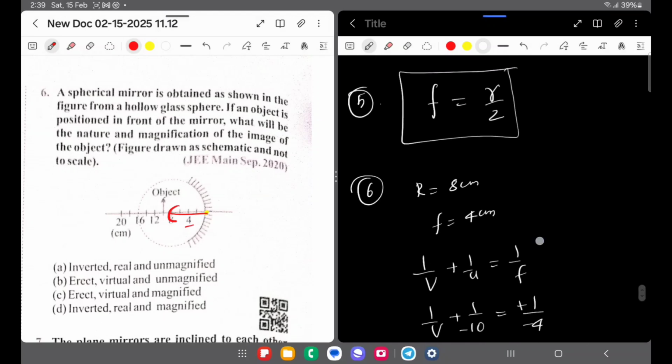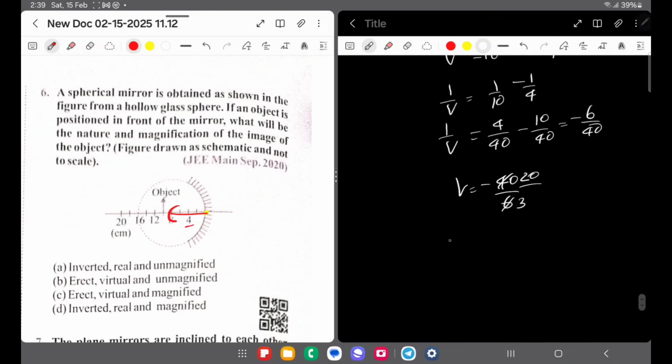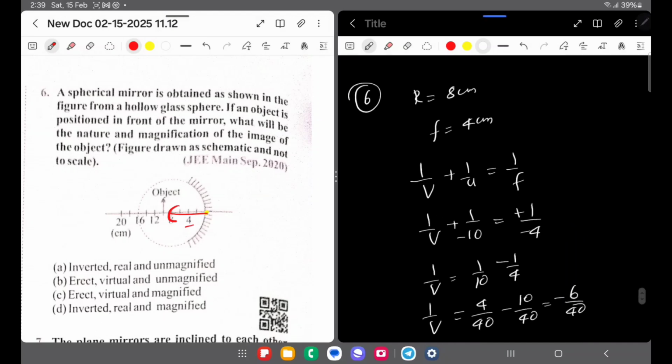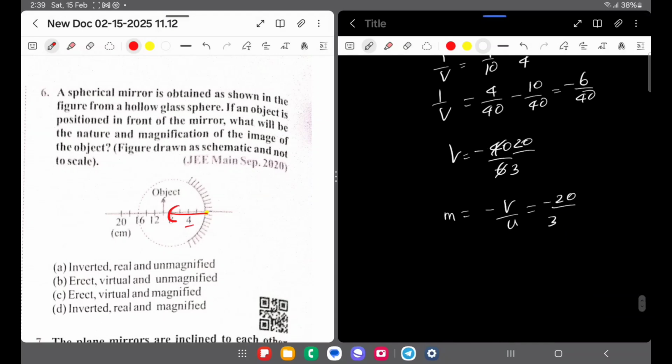We can tell the magnification value too: m equal to minus v by u. v is minus 20 by 3 and u is minus 10. On cancelling, I get 2 by 3. The magnification is 2 by 3, so it's somewhat shrunk. So it's inverted, real and diminished. That should be the answer.